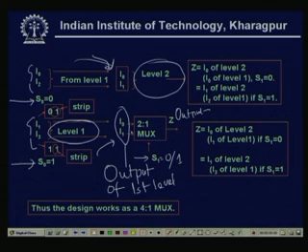If it is 0, Z equal to I0, if it is 1, Z equal to I1. So, if I summarize, Z equal to I0 of level 2 when S1 equal to 0, and when S1 equal to 1, Z equal to I1. Okay. So, the design works as a 4 to 1 multiplexer.